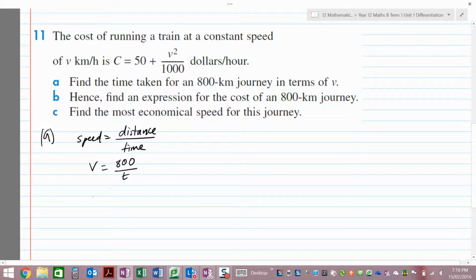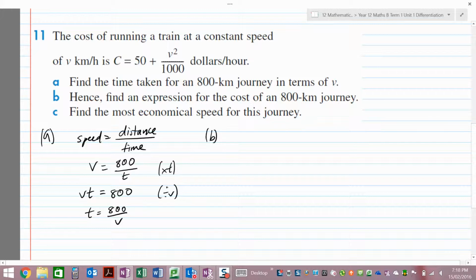I can rearrange this to get time by itself. I'll rearrange it properly, so I'll multiply both sides by t. vt equals 800, and then divide both sides by v. Okay, that's part A done.